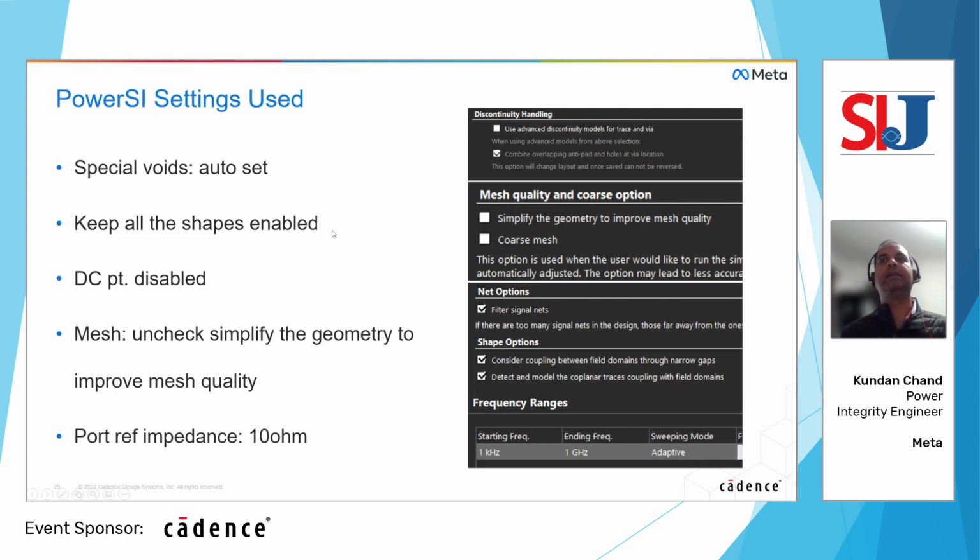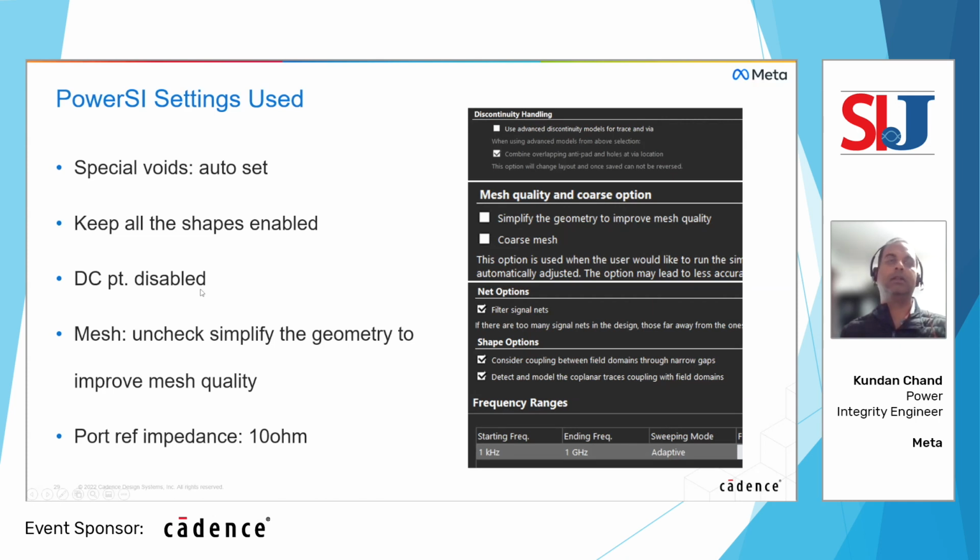The second step was, even though we were interested in only one particular PDN rail, we still kept all the shapes enabled to include any of the field impacts happening due to other floating planes, etc. We kept that enabled, and we kept our DC point disabled because we were only interested in the tens to hundreds of megahertz range.